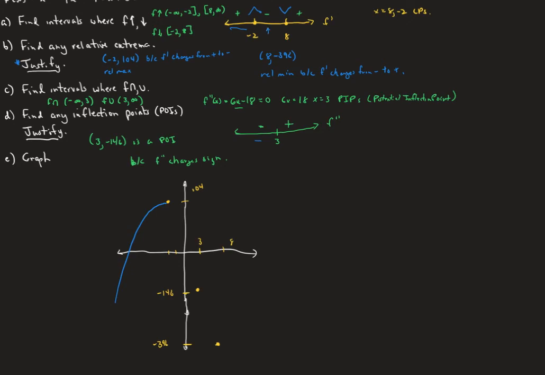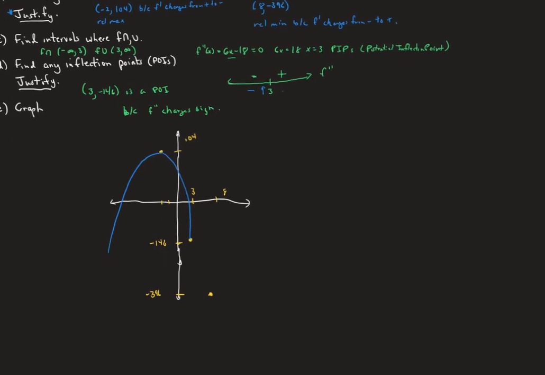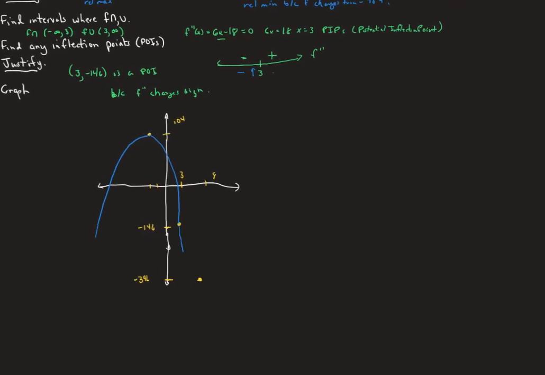Then it's going to be decreasing here, but it's going to remain concave down until we get to that inflection point. Now it's going to continue decreasing till 8, but now it's switching to concave up. So it's going to decrease but be concave up, and then it's going to increase and be concave up the rest of the way. So it's going to look like that kind of classic cubic shape. All right, very good.